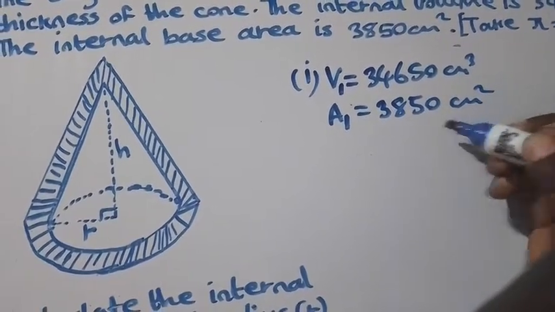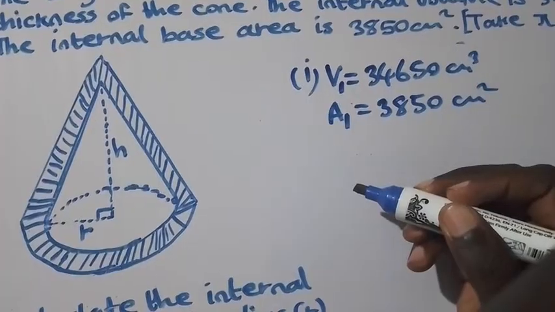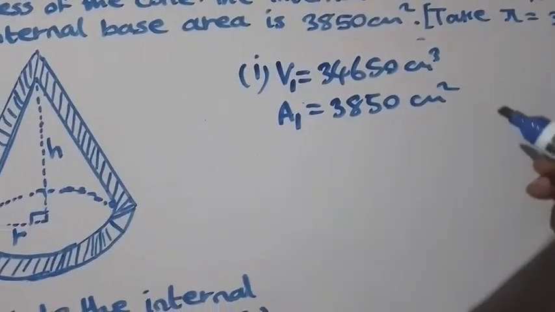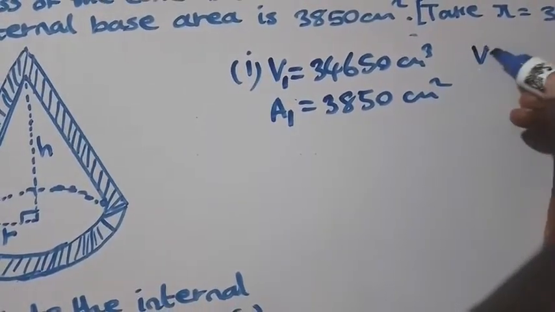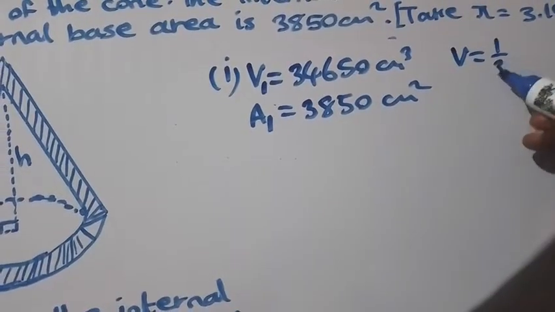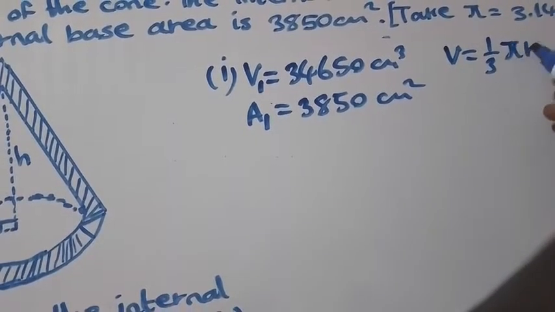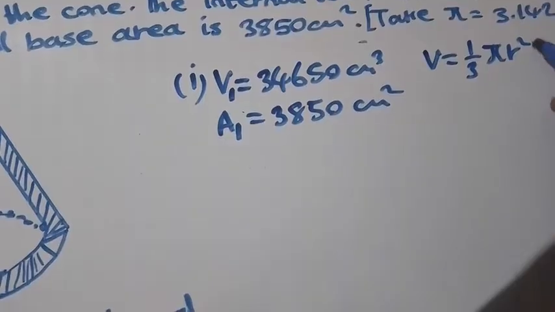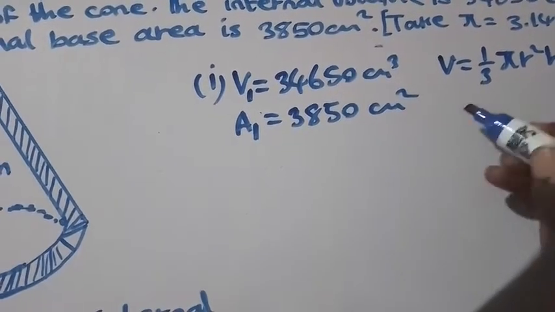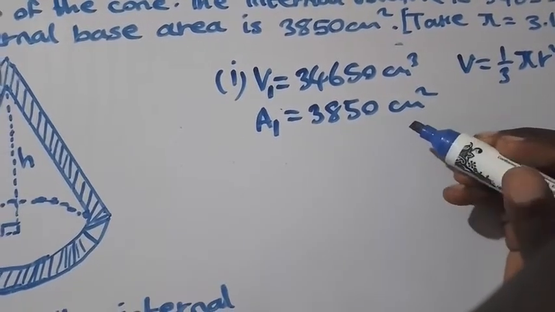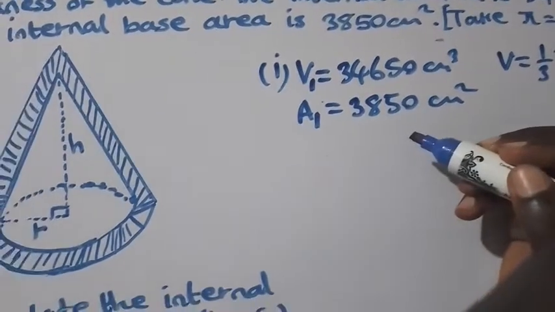Now, how do we calculate volume of the cone? So, volume of the cone is calculated by 1/3 pi r squared h.